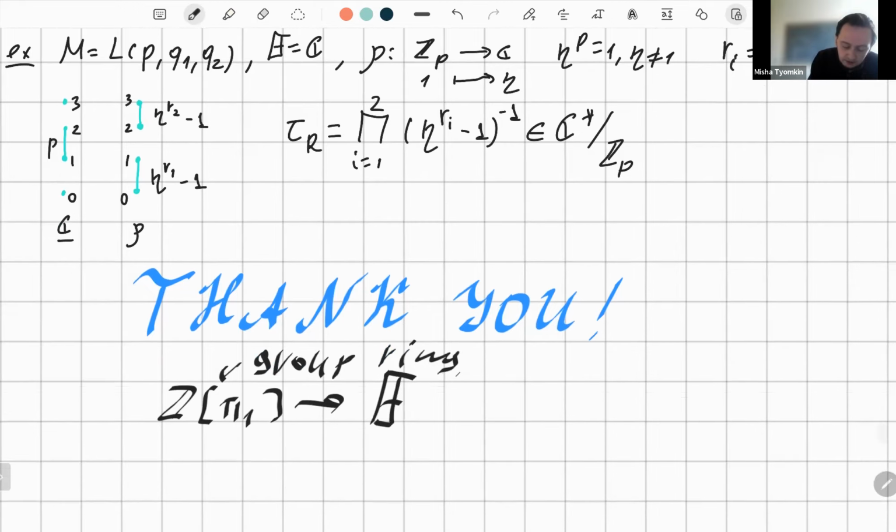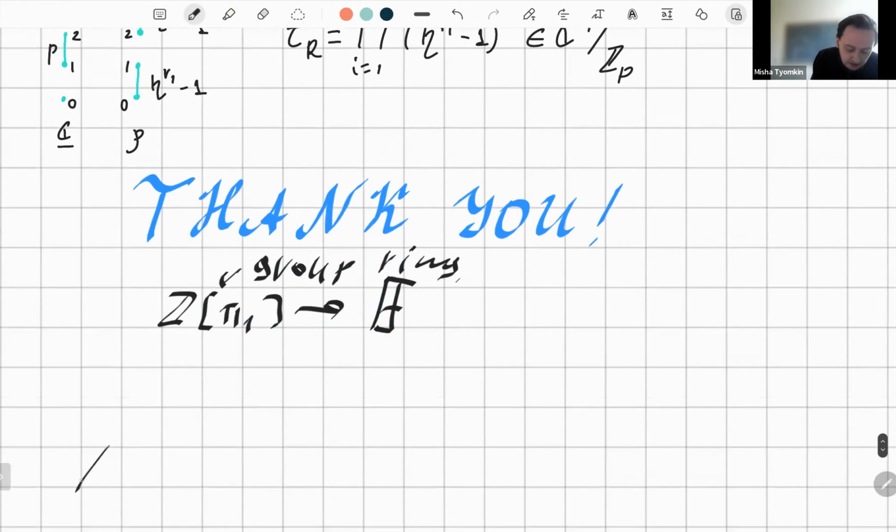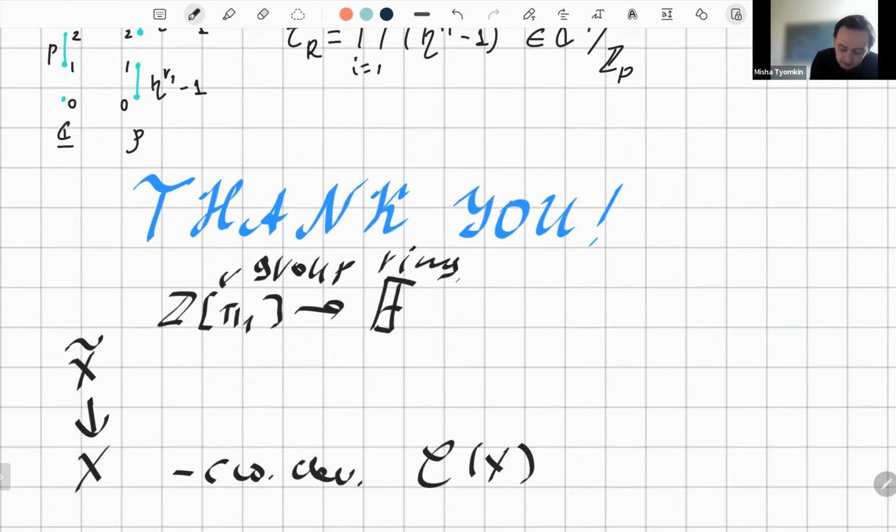Then you have your space X, and you consider its universal covering X tilde. Then you have some CW decomposition on X. It gives you the chain complex, say C of X. It is a complex of free Z modules.